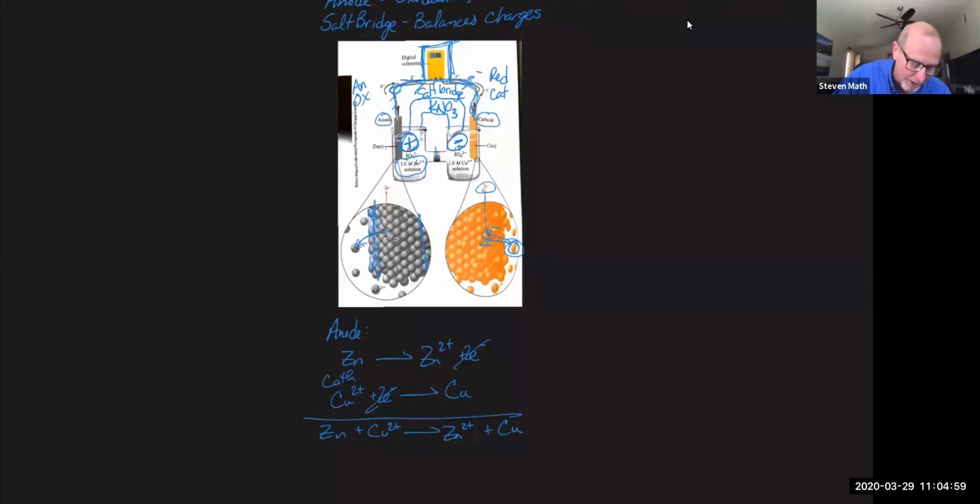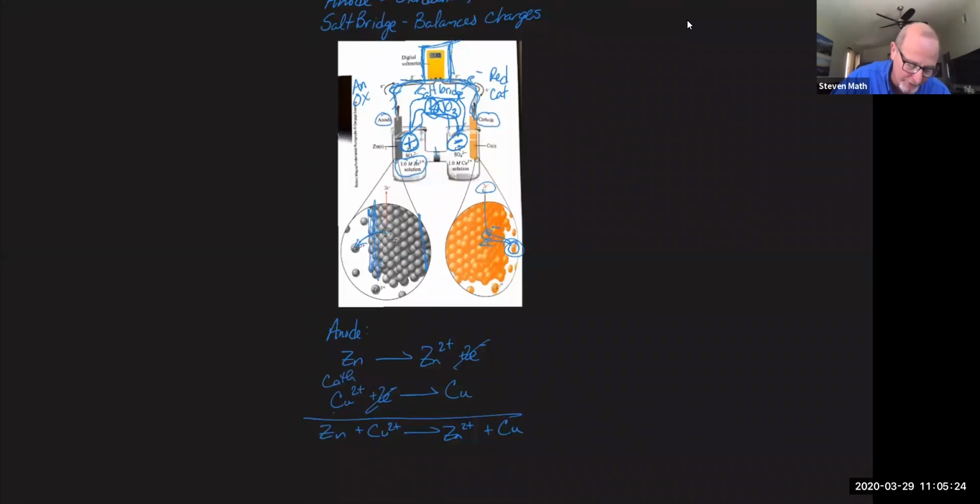Let's talk about how. If the anode side becomes positively charged, how can we balance that charge? What happens is the nitrate ion migrates over to this side. And on the cathode side, it's building up a negative charge. It's less positive. So how do we replace the positive that was lost?